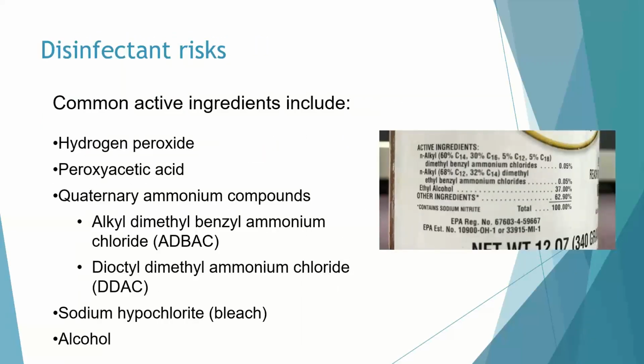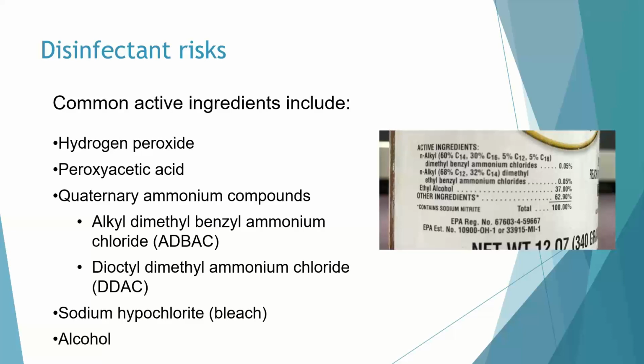And so a few different active ingredients that you'll commonly encounter in antimicrobial products or disinfectants include hydrogen peroxide, peroxyacetic acid, bleach, also known as sodium hypochlorite, and alcohol. And then a group of chemicals called quaternary ammonium compounds are very commonly used in disinfectants. That's more of an umbrella term for a category of chemicals.